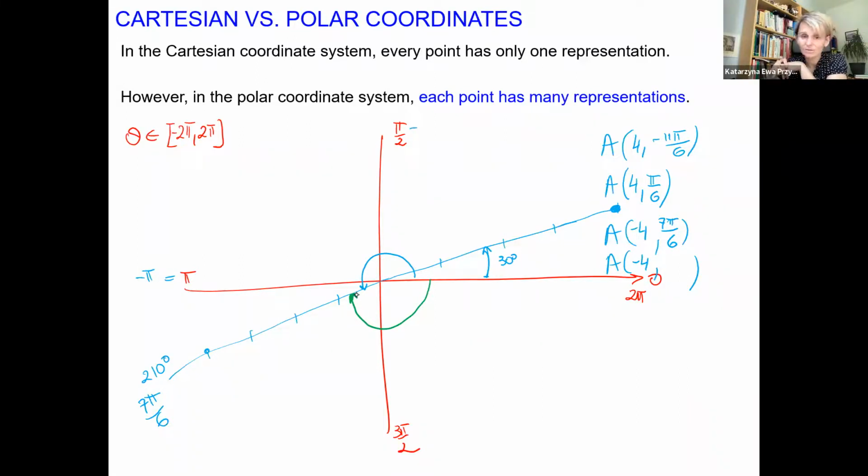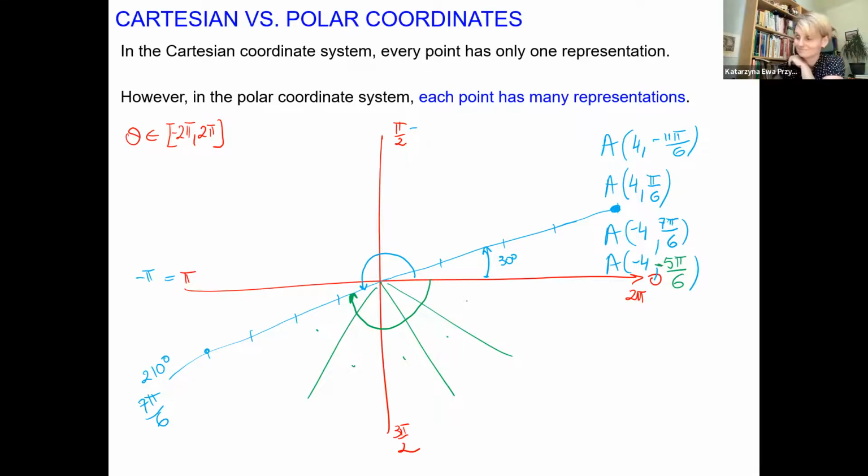Nobody wants to help Jared. You can just count. It's going by 30. 1, 2, 3, 4, 5. 5 times 30. 5 times pi over 6, but negative.